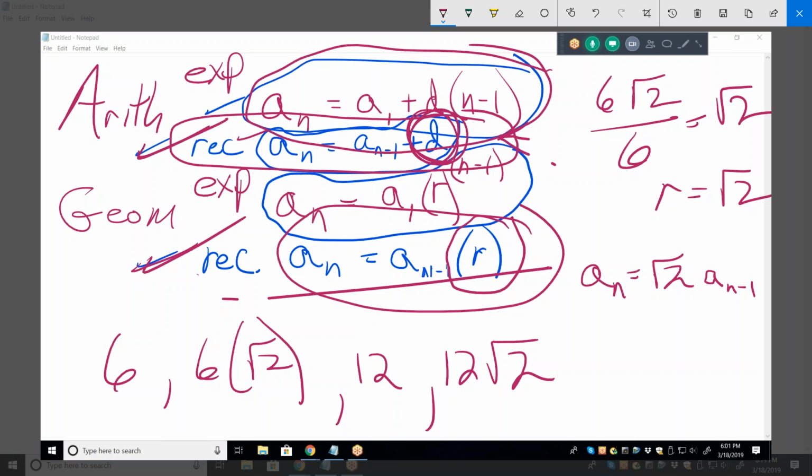If you're looking for the nth term, it's based on the n minus 1 term, which is the previous term, always. So the only thing you need to do is have the n minus 1 term and multiply by the common ratio.